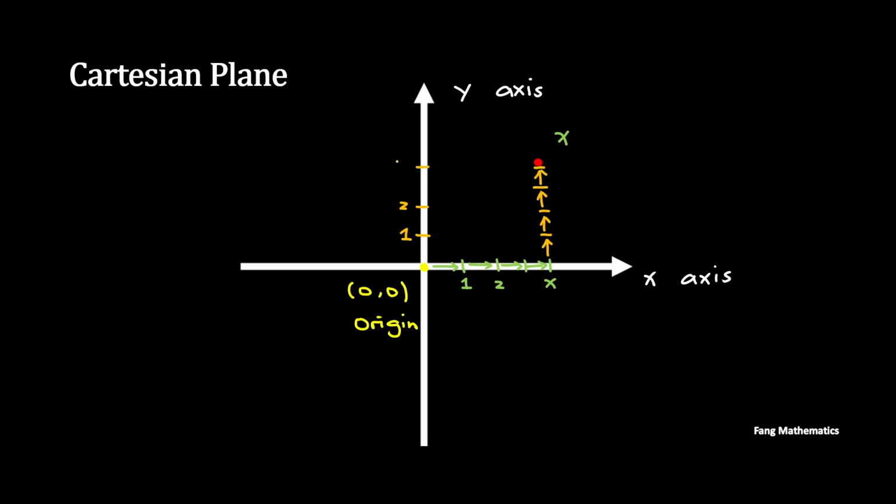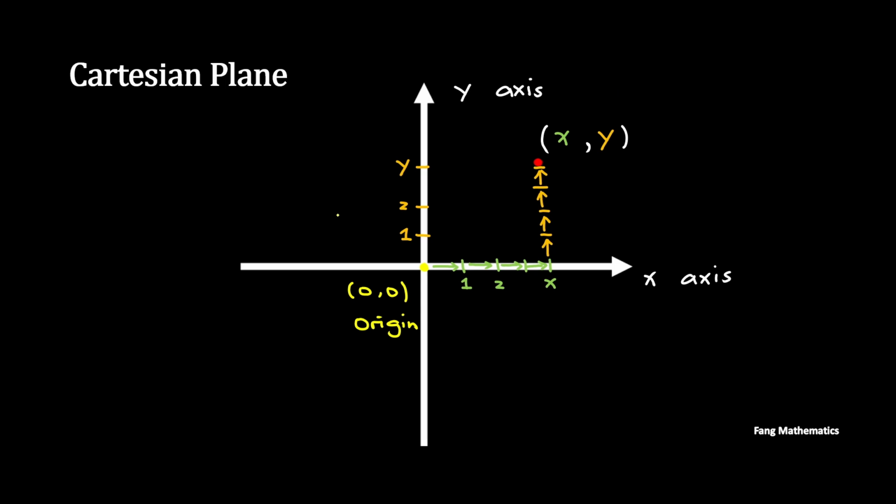I'm going to denote that we need to move y units in general to reach the point. So the second value for this coordinate is denoted as y. This y tells you to move y units in the vertical direction. These two values are separated by a comma and inside parentheses. So we denote the coordinates of a point in general as (x, y).